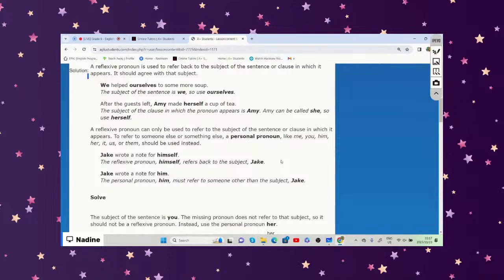That is a pronoun referring to someone else. But a reflexive pronoun refers to the subject. It refers to Amy, for example, and herself. It refers to Jack and himself.